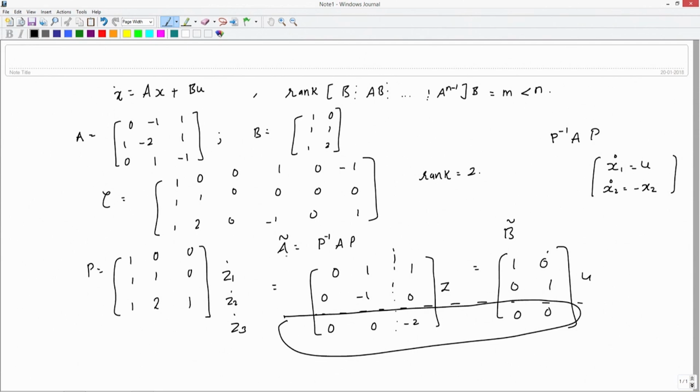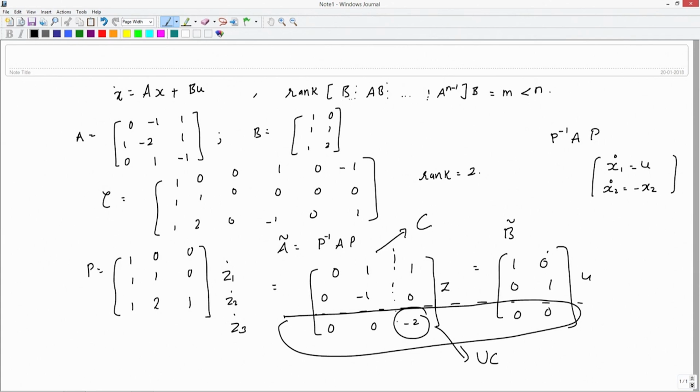So what I have done with this transformation is I have split the system into a controllable part and an uncontrollable part. This is my controllable part and this thing is my uncontrollable part. So, what did we do here?